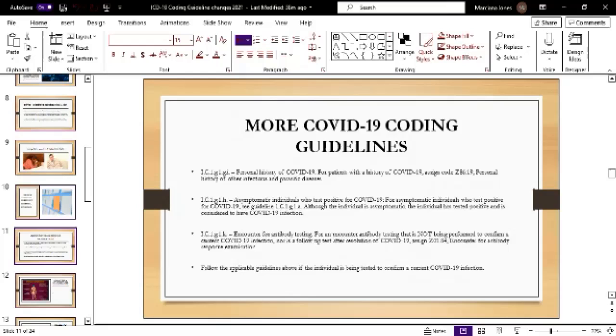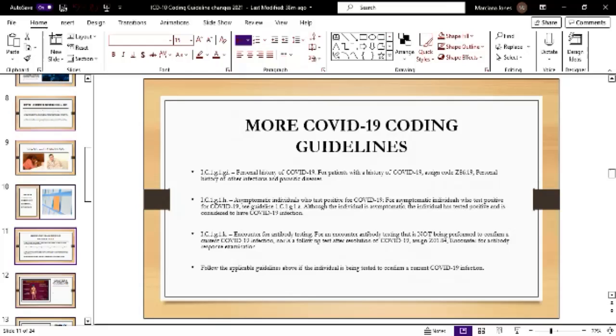So encounter for antibody testing. For an encounter for antibody testing that is not being performed to confirm a current COVID-19 infection, nor is a follow-up test after resolution of COVID, then you're going to assign Z01.84, which is encounter for antibody response exam.